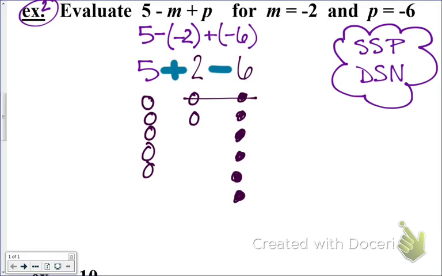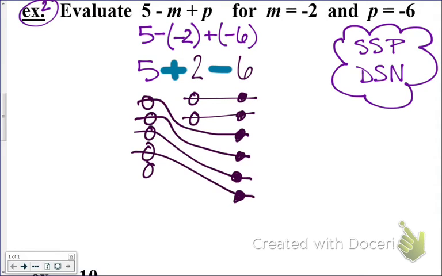So a positive with a negative becomes 0 pairs, and it goes. Every positive cancels out with a negative, and you start canceling out positives with negatives until nothing else can cross out. So what are we left with? We're left with a positive 1. It's a lot better of a visual, and when we physically cross out a positive with a negative, we can definitely feel more confident about our answer.